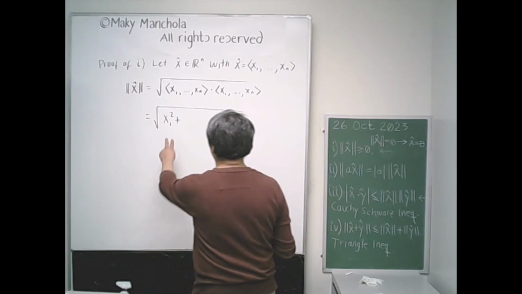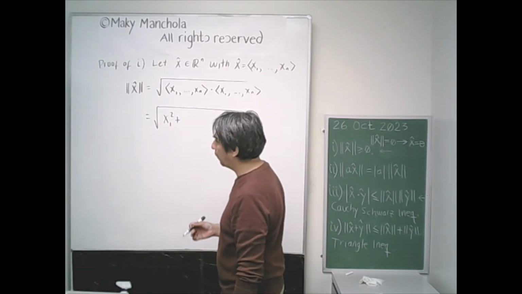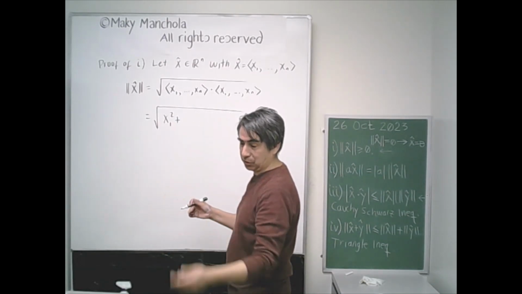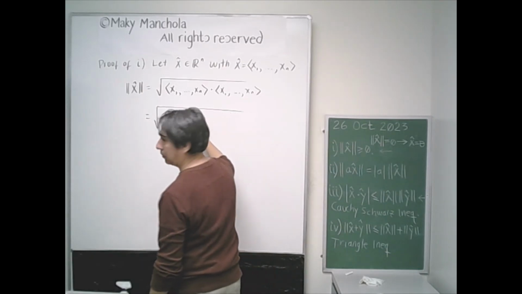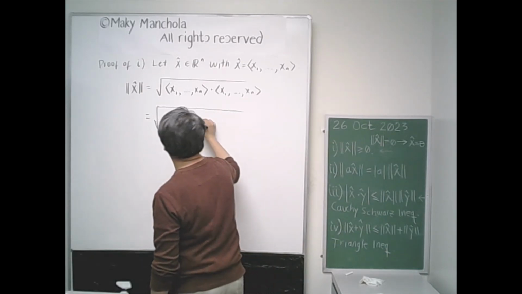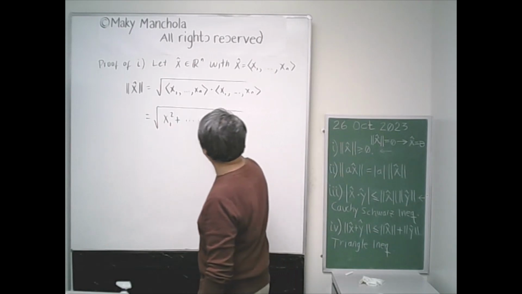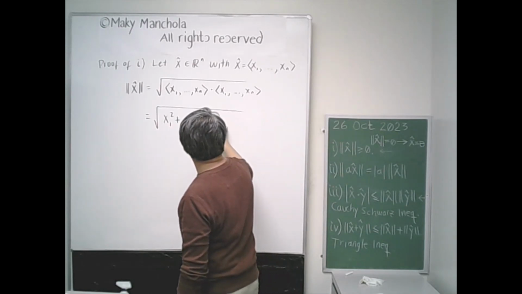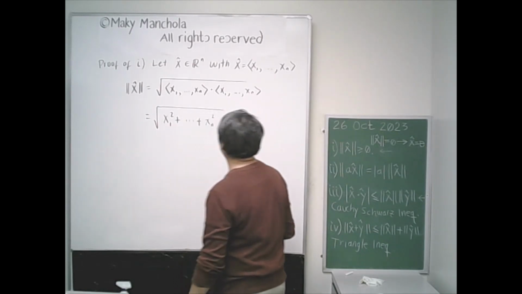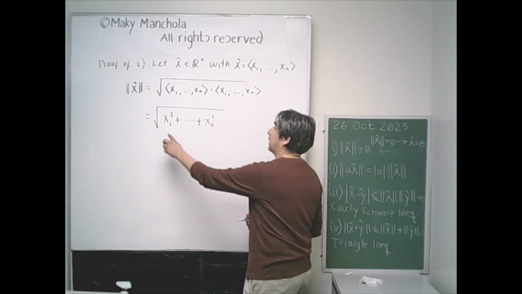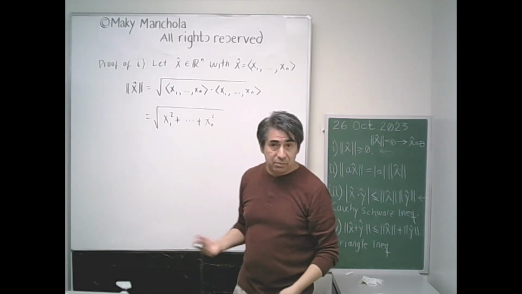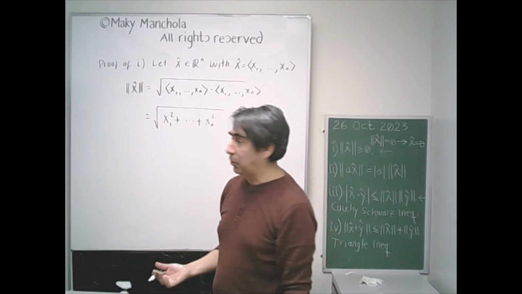So each of these terms is a square of some real number. Not necessarily perfect squares, but squares of real numbers. And what you have to observe here is that none of those terms can be negative because they're squares of real numbers.